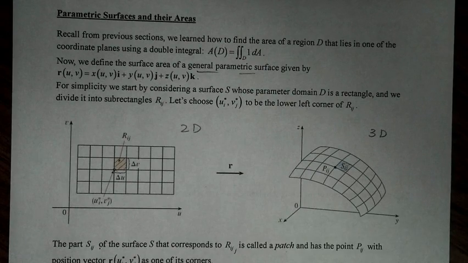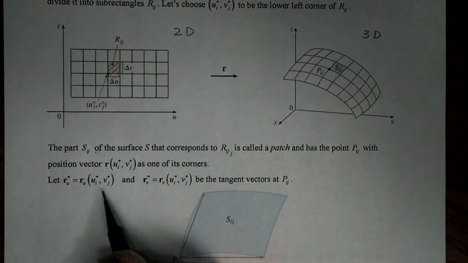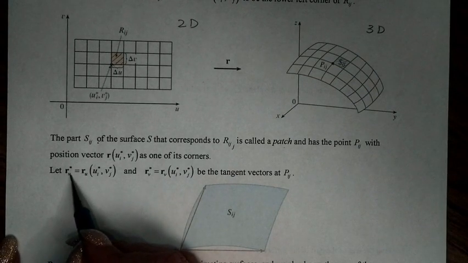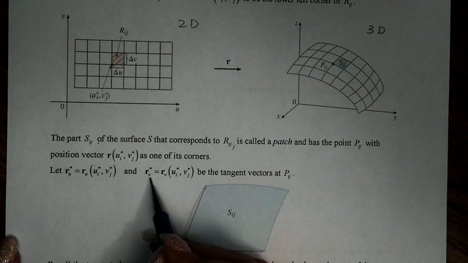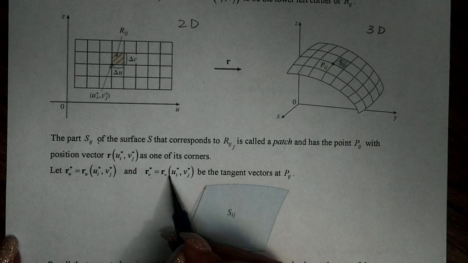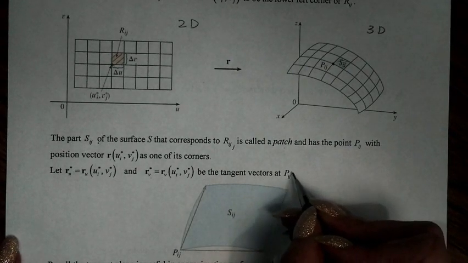As we did before, you find the partial derivative with respect to u of r star, and then the partial derivative with respect to v of r star. These are going to be the tangent vectors at P sub ij.